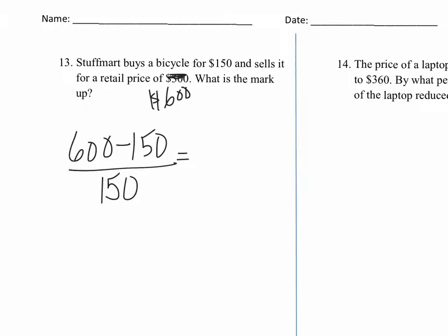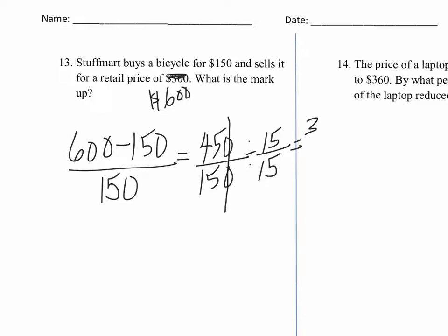That will give you 600 minus 150. That is right. It's 450 divided by 150. Zeros cancel. If you know your 15s facts, you know that 15 can go into 45 and will go into 15.